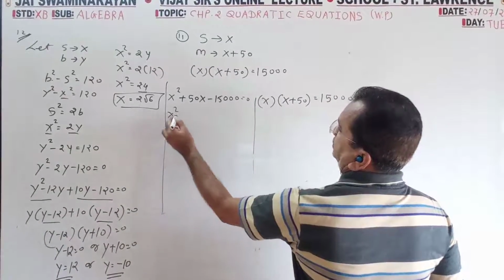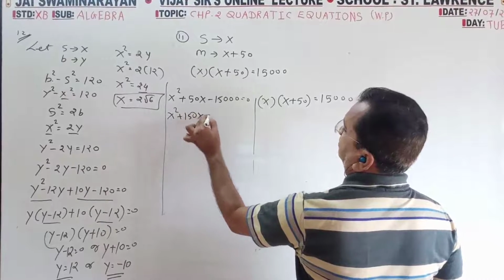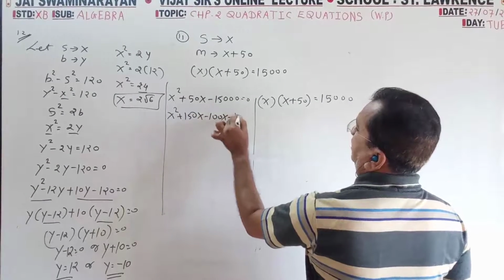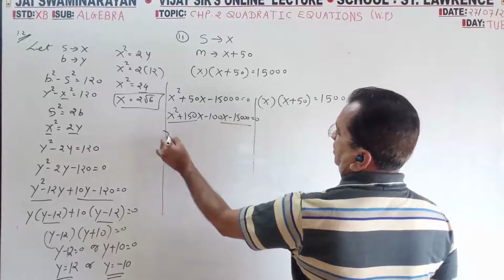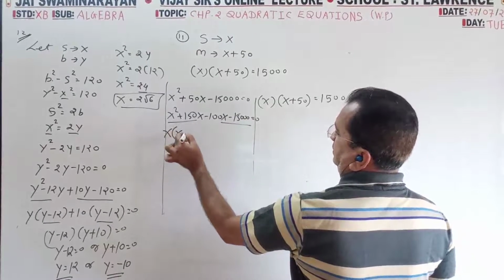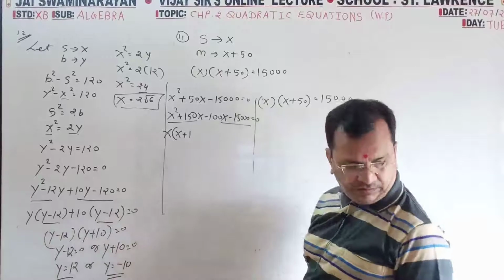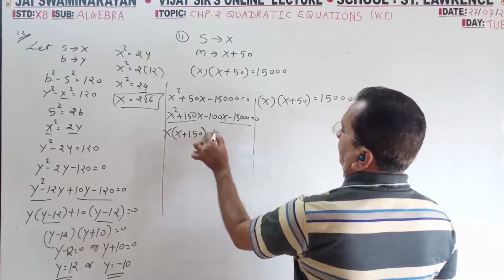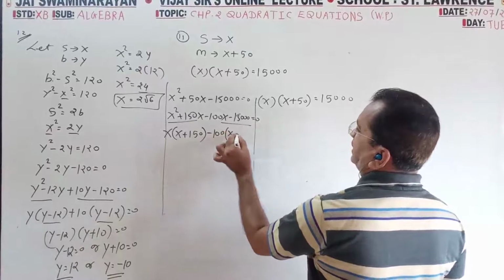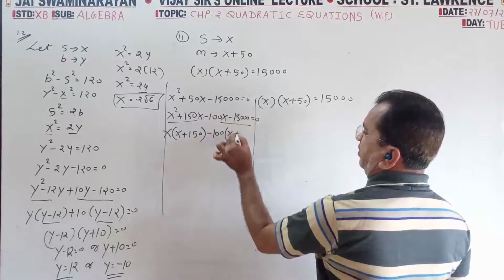So x square plus 150x minus 100x minus 15,000 is equal to 0. From this and this, common of common. Minus common, so inside plus.